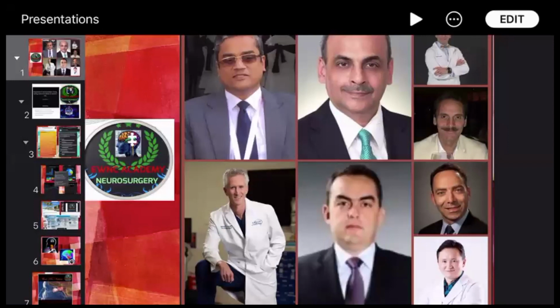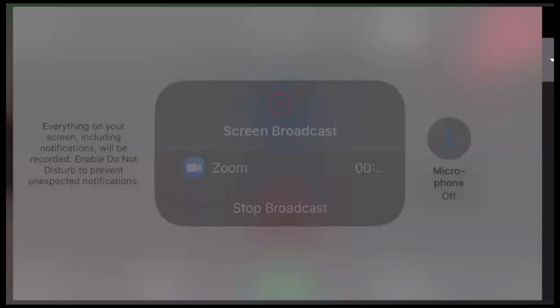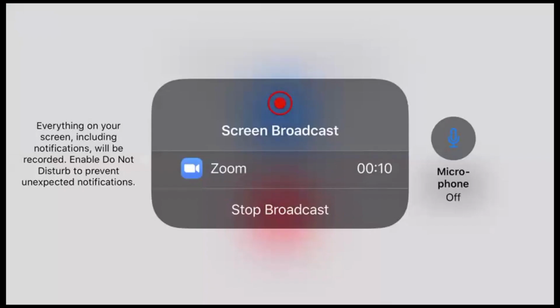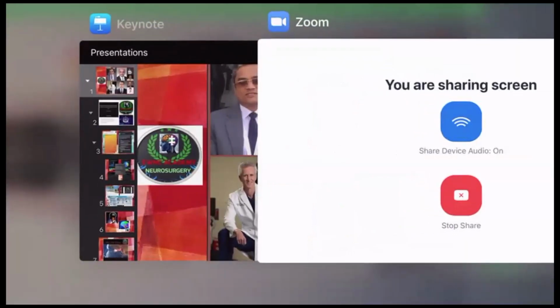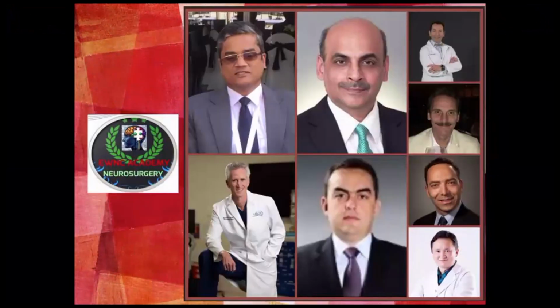Now, my question: in advanced cases of Moyamoya, with very weak, short and narrow vessels, is it possible to use the narrow branches of the superficial temporal artery or the occipital artery instead of using the main trunks? In doing so, we will not increase the flow to the dangerous areas and cause bleeding or overflow in these cases. This is my first question.